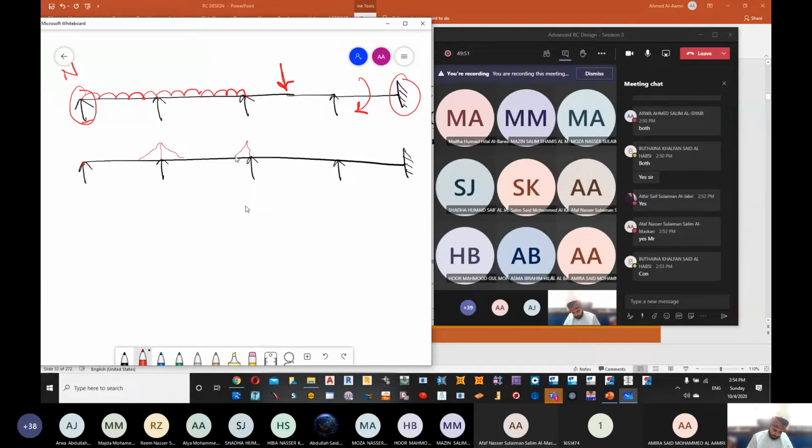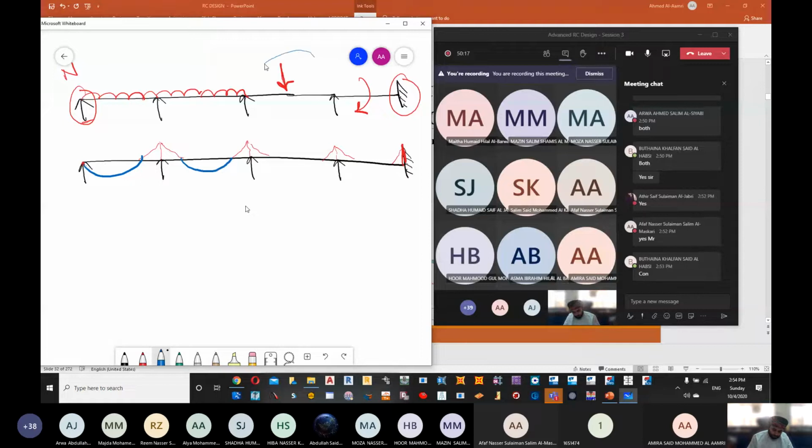This bending moment goes in this way. This bending moment once again goes in this way. And then here we have only from one side. Now if we try to connect, this will go here regular because it's a UDL. This will go regular because it's a UDL.